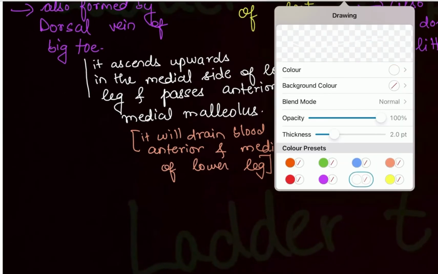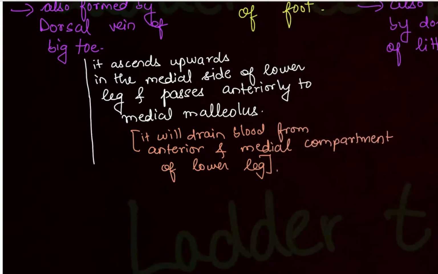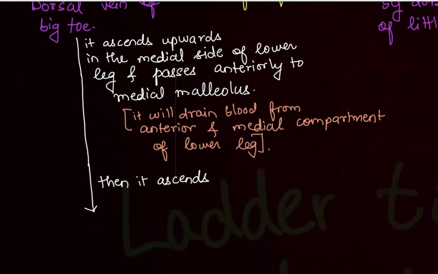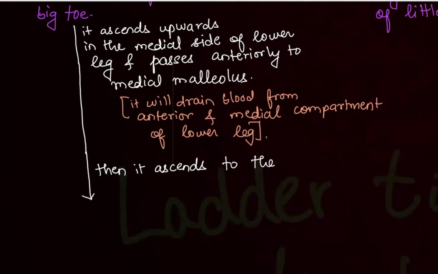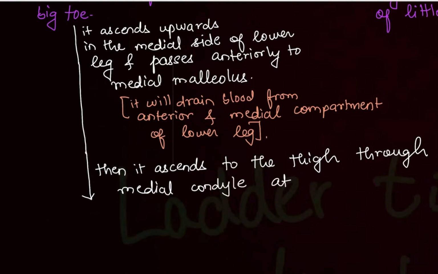Okay, now as it ascends upwards, it will go upwards through this anterior and the medial side of the lower leg, and then write down, it ascends to the thigh through medial condyle. It will pass through the medial condyle at knee.